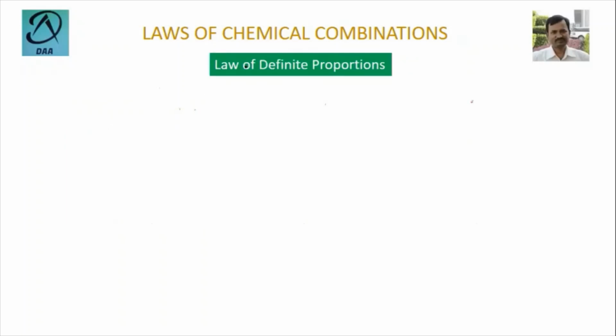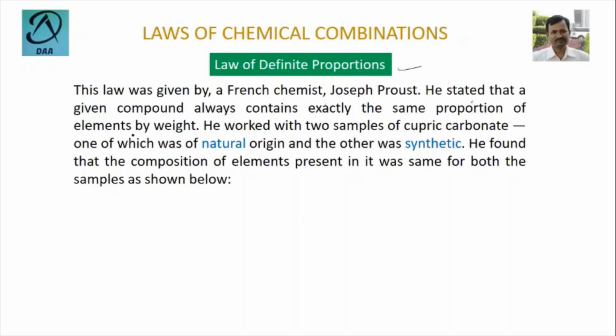Now we'll go to the law of definite proportions. We'll see some history. This law was created by the French chemist Joseph Proust. What did he state? He stated that a given compound always contains exactly the same proportion of the elements by weight.